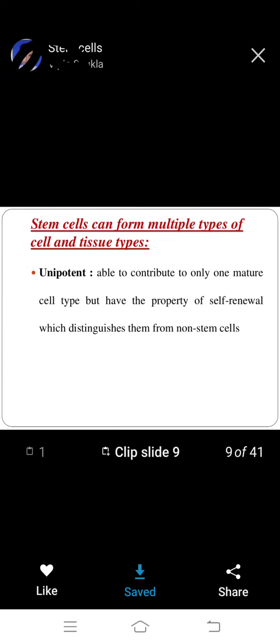An example is the cells of mast tissue. The cells of mast tissue are an example of unipotent cells. This can be differentiated into mast cells only.